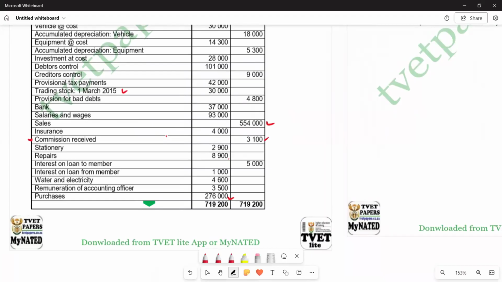We now have interest on loan to member. So you see, interest on loan to member is on the credit side. Like I said, all income is on the credit side. It's also an income, so we have to check again the additional information if we've got anything that is explaining interest on loan to member.